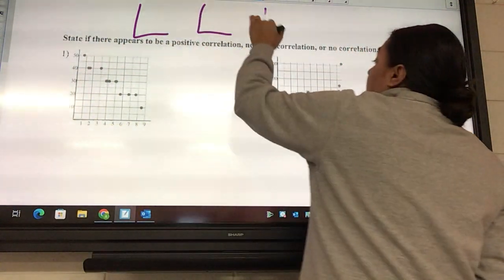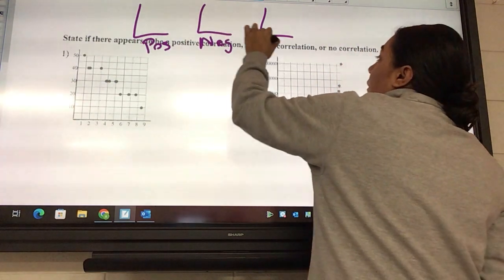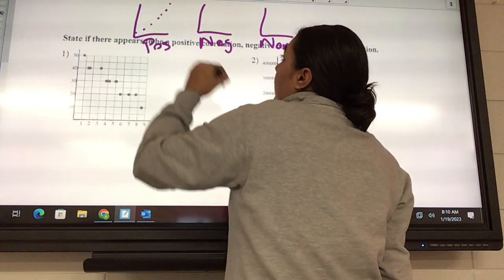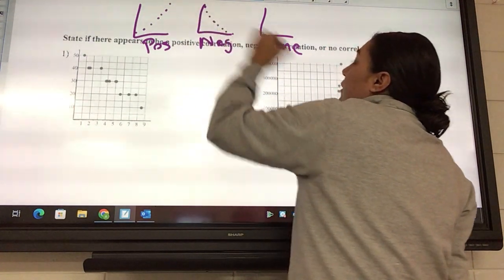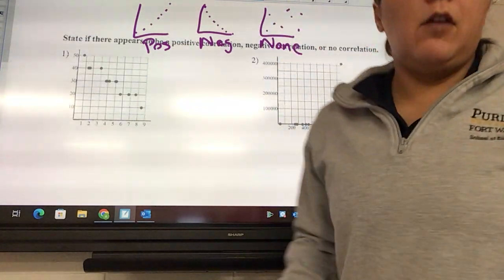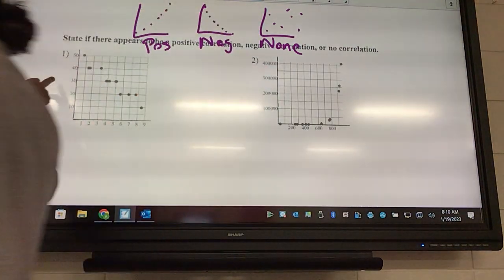Okay, correlation, just so you guys have it. Positive correlation, they're all going up. Negative, they're all generally going down, and none is all over the place. Okay, so I'm looking at the left side. Is this positive, negative, or none?